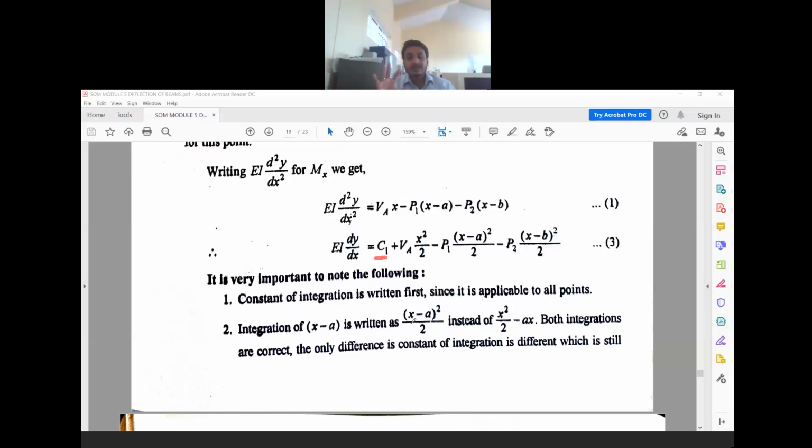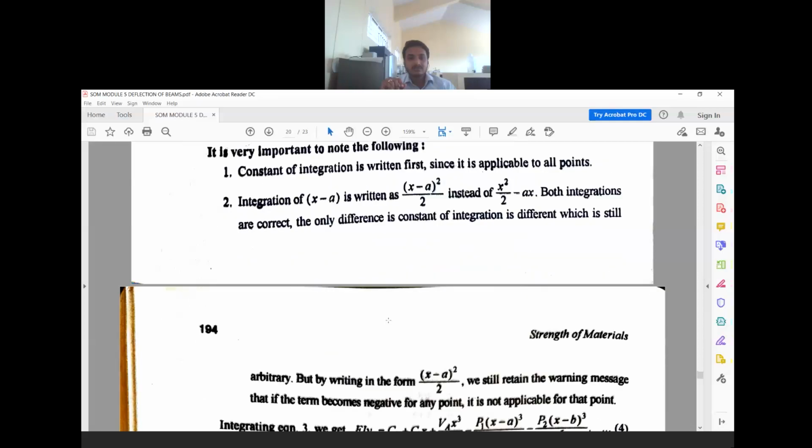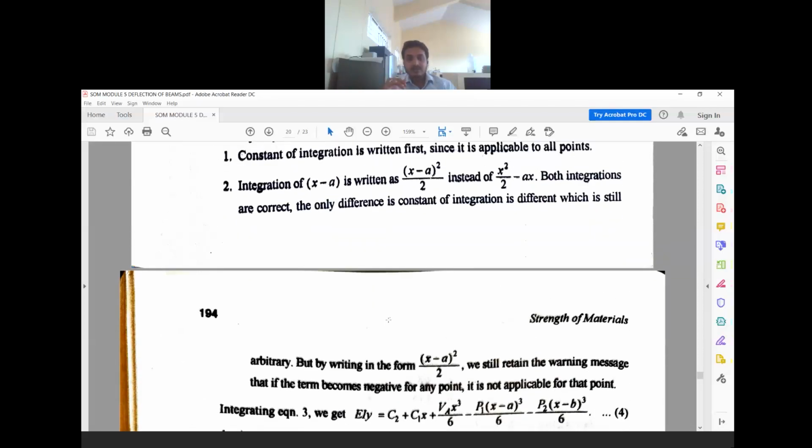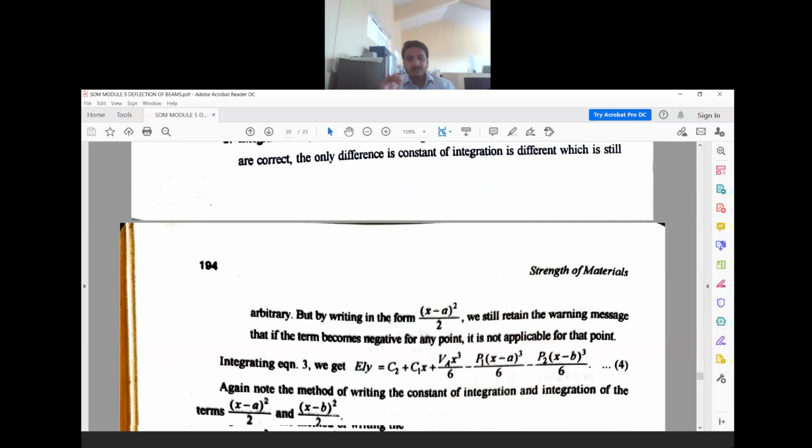So both integrations are correct. The only difference is the constant of integration is different. But by writing in the form of x minus a whole square by 2, we still retain the warning message. That means if x minus a is negative, we shall discard that portion.